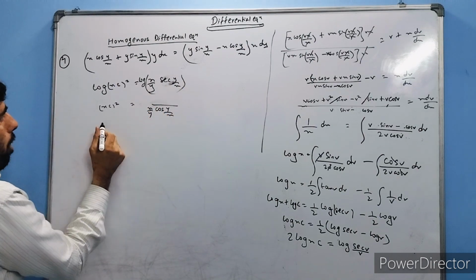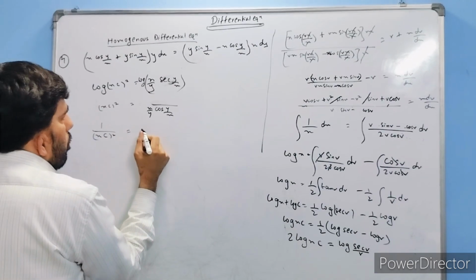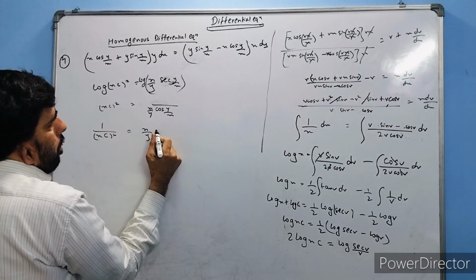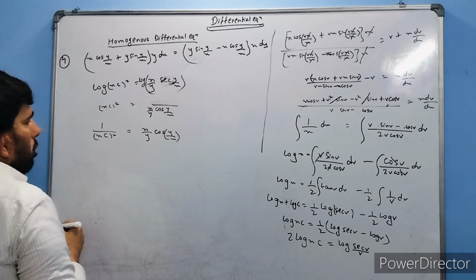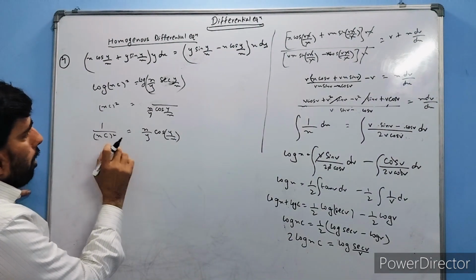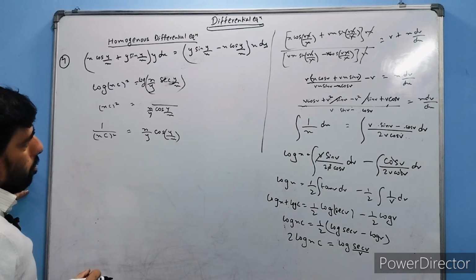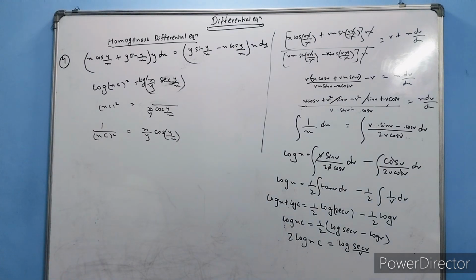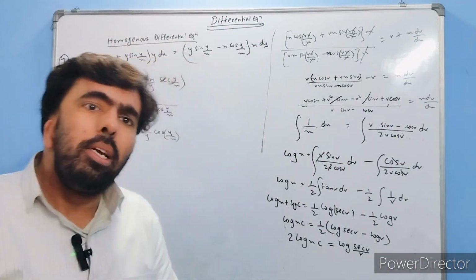Now we have 1 upon xc whole square is equal to x upon y cos y upon x. That is how we can easily solve this. So that is how we are able to find the general solution.